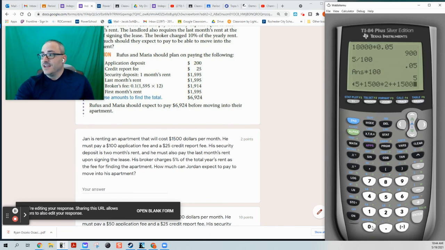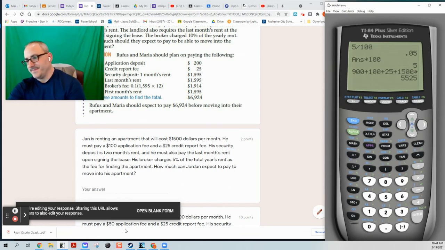I could also change this to a 3 and get rid of this 1,500, because that's just 1,500 3 times. But I'm going to keep it like this to make it make sense based on the word problem, and I don't see any additional charges, so I press enter. $5,525 should be what Jan needs to get into this apartment.